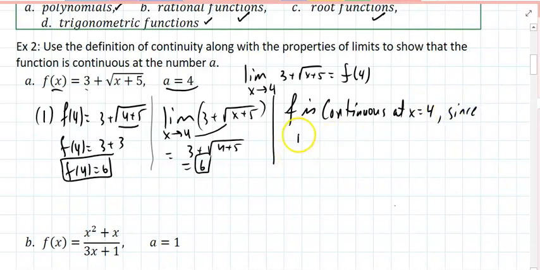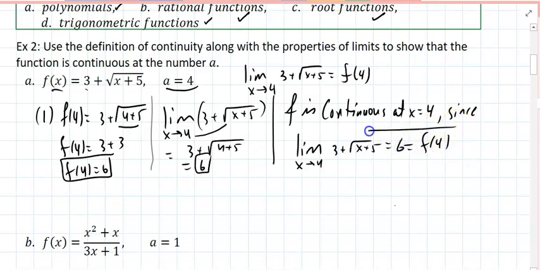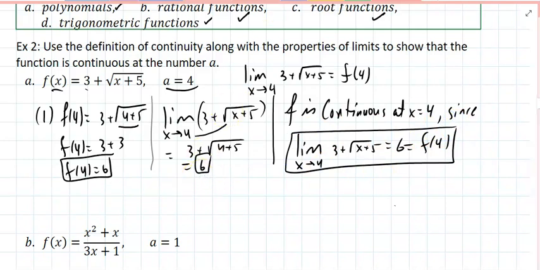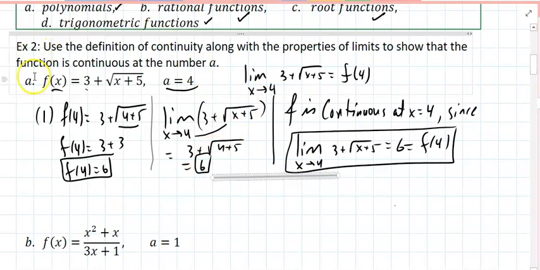Since the limit as x approaches 4 of 3 plus the square root of x plus 5 equals 6, which is f of 4, which is the definition. And that's as far as I have to show. Actually, that's the most work I could show. Looking at the next problem.